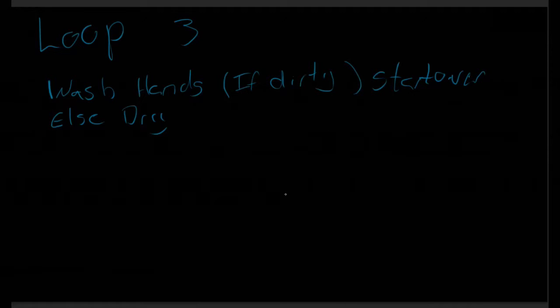So in a loop, for example, we would say something. Let's use a new little symbol here. We're going to say get soap. So we're going to get soap and wash hands, right? So here's our little check here. And we're going to say if dirty. So this goes here.